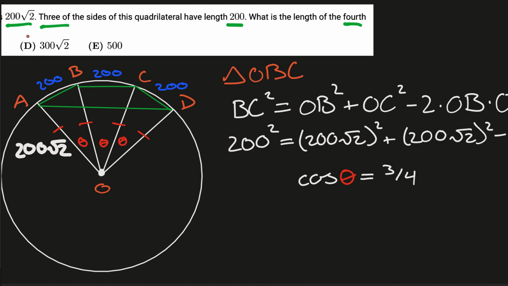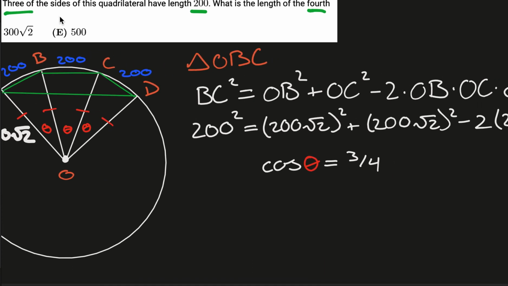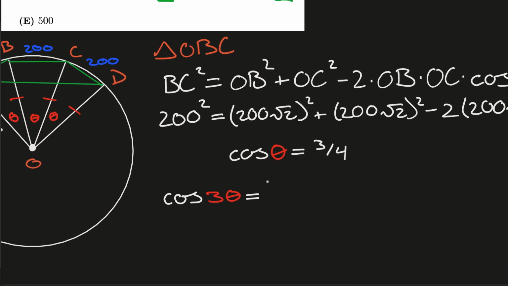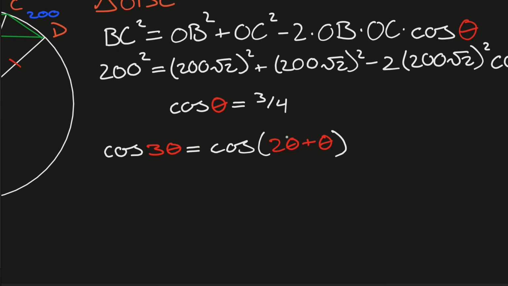Okay? So now I want to see what would happen if I took cosine 3 theta. I want to find cosine 3 theta, and I'll explain why in a second. This is simply equal to cosine of 2 theta plus theta, which is part of our angle addition formulas.